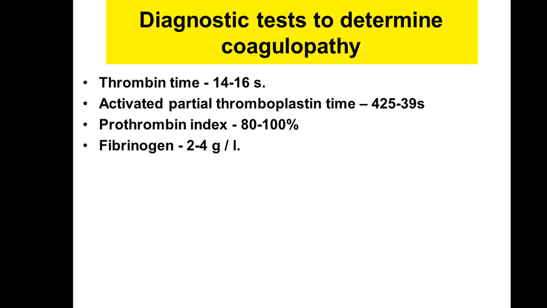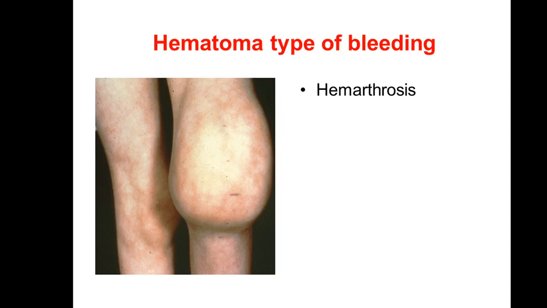Normal fibrinogen level is from 2 to 4 grams per liter. And also hemorrhagic, and you see enlarging of joint, and we have accumulation of blood in joint space.